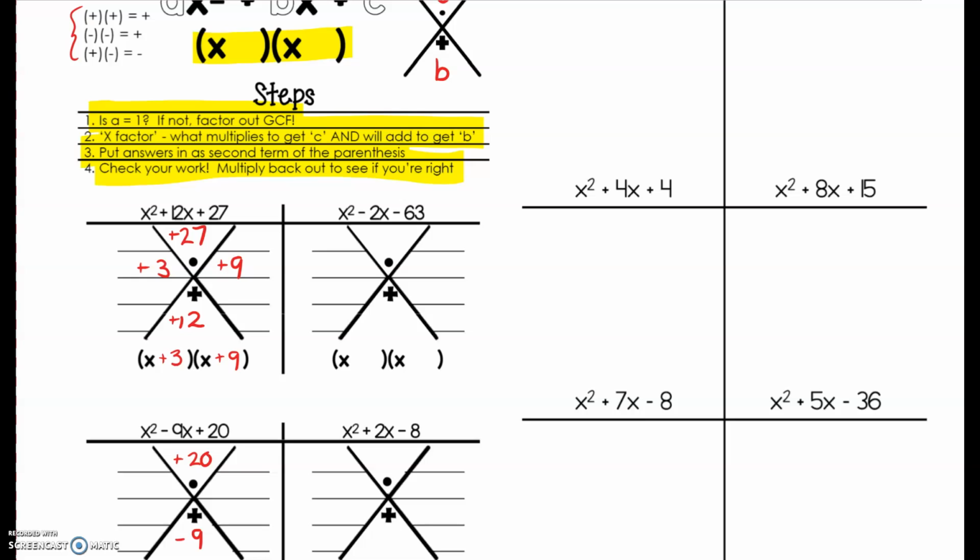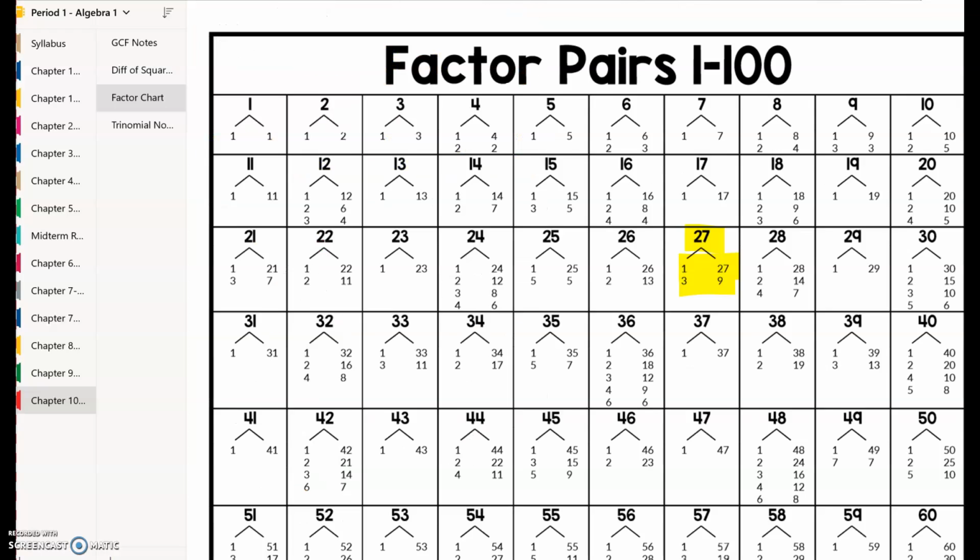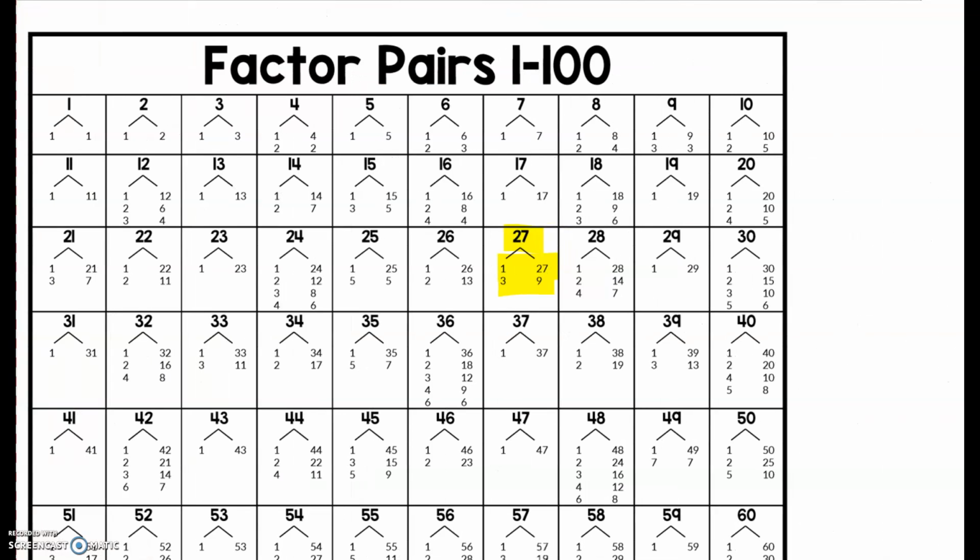If I go back to my chart, I want to find the number 20. For the number 20, we have three options to pick from: 1 and 20, 2 and 10, or 4 and 5. If I was going to add these numbers together, the only pair that would give us 9 would be 4 and 5.